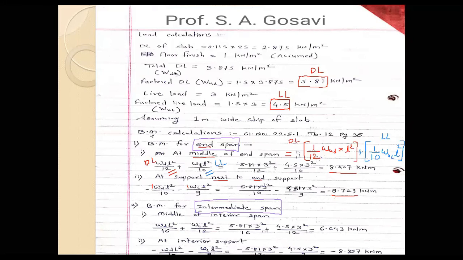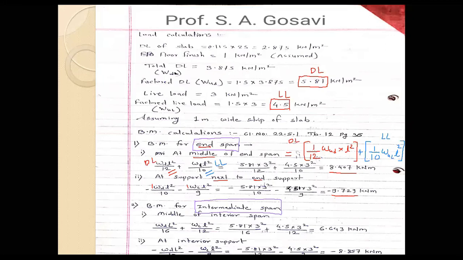Interior support is nothing but intermediate support. So at the middle of interior span, the coefficient is 1 by 16 for dead load and 1 by 12 for live load. And at the interior support, the coefficient is minus 1 by 12 for dead load and minus 1 by 9 for live load.